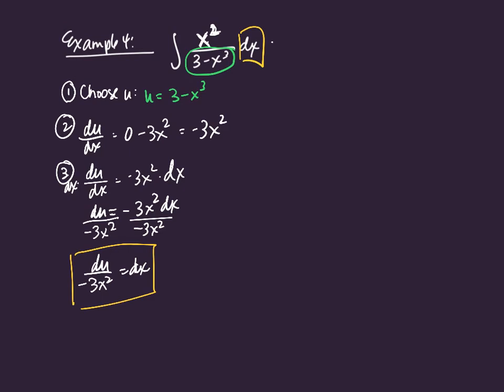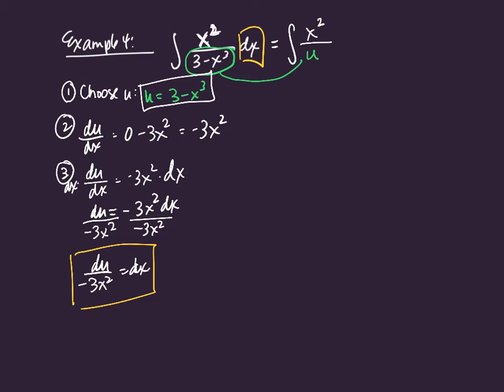Okay. So I circled my u, put a square around my dx. Anything else stays. Anything that doesn't have a circle or a square stays. Right, so that 3 minus x cubed was what we chose for our u. So that gets replaced.